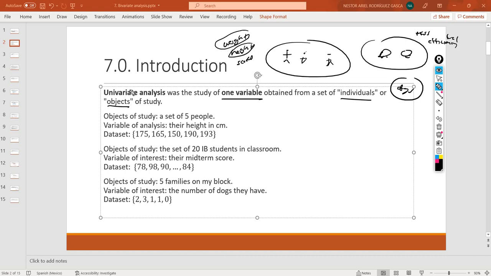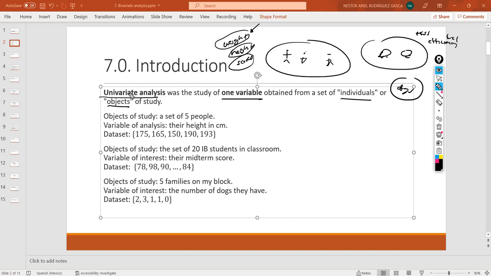In univariate analysis, when we studied a variable from a specific set of objects, it was just one variable, either the weight or the height or the scores, etc. But we never considered any two or more variables of study at the same time. That's what is known as univariate analysis, and that's what we did in the previous chapter.